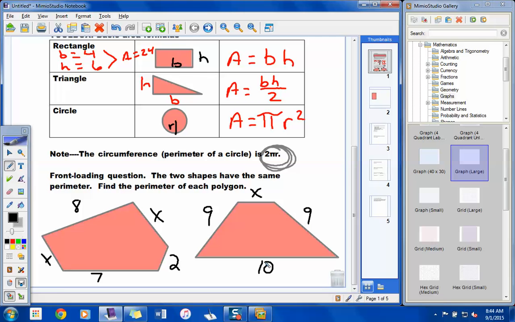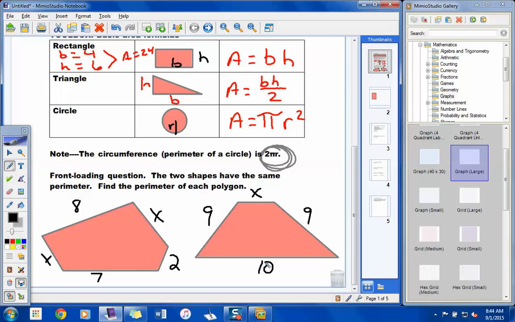Anybody have a thought on how you would go about solving something like this? What's the distance around each figure? If I told you the distance all the way around the one on the left is 50, what would that imply about the distance all the way around the one on the right? It would also have to be 50. Okay? But you guys take about a minute and talk with somebody about that and let me know what you may or may not do. Anybody have an idea?